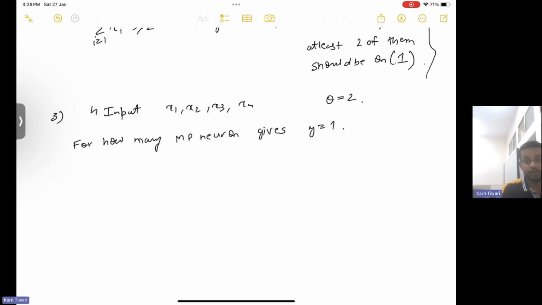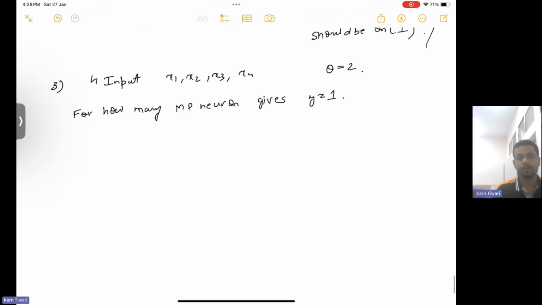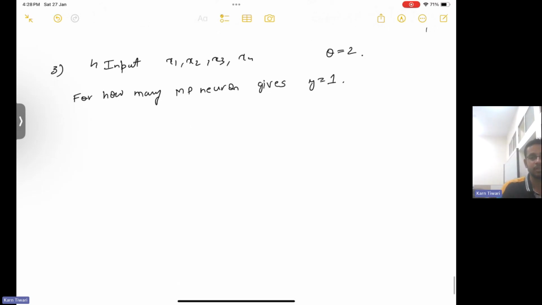In the last question, what we solved is just the same thing. Here, instead of calculating each and every combination, we just need to use the logic I have given in the last problem. We know that y is defined as 1 or 0 if the summation of xi is greater than or equal to 2 or less than 2. So theta was my threshold.